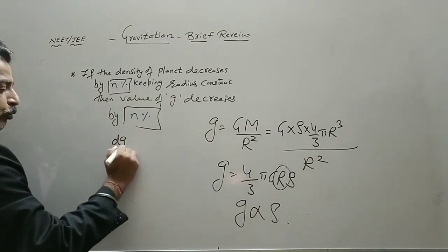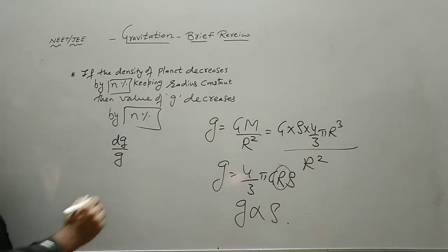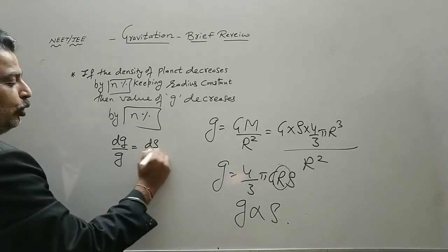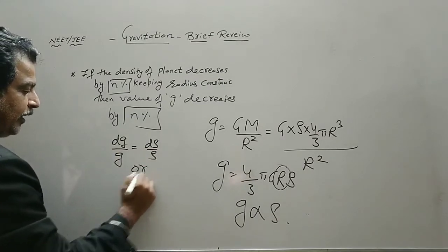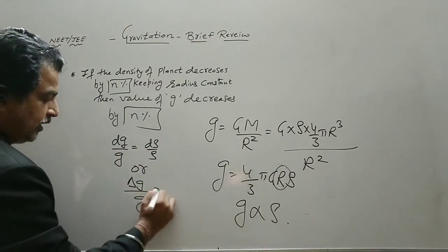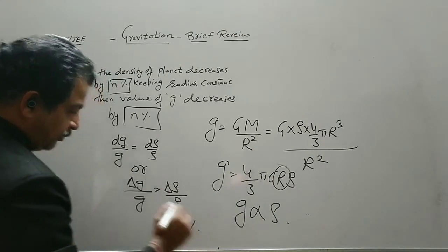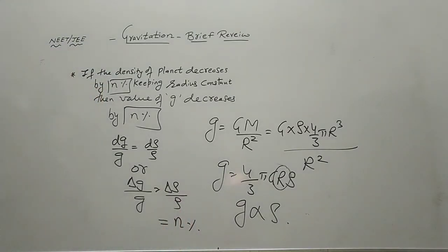Or again, if you want a differentiation method, dg upon g comes out to be d rho upon rho, or we can write delta g upon g is equal to delta rho upon rho. So in percentage, it comes out to be n% decrease, that is in direct proportion. Radius is in inverse proportion, but it is square.